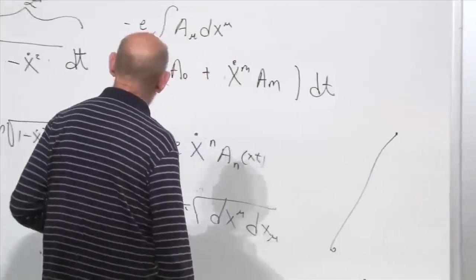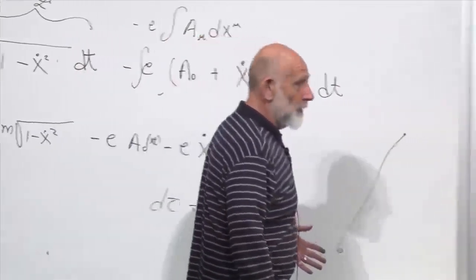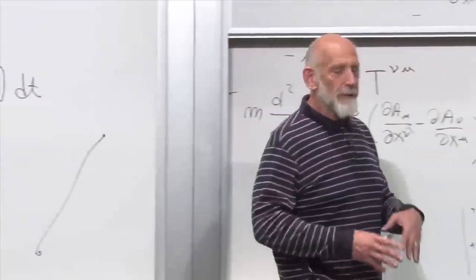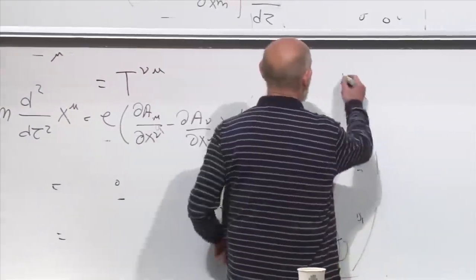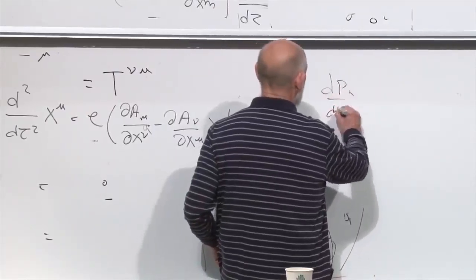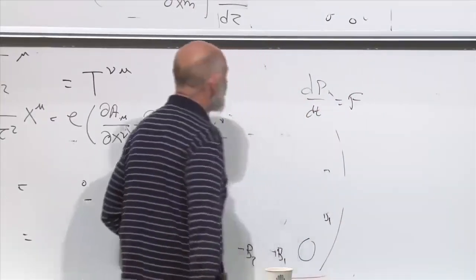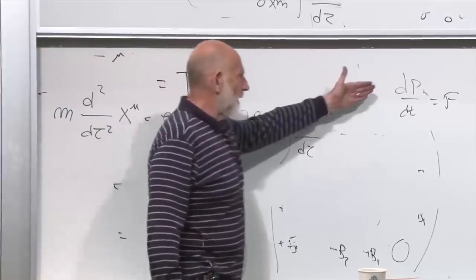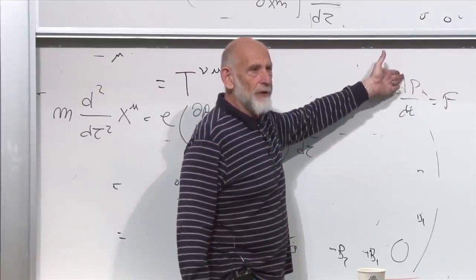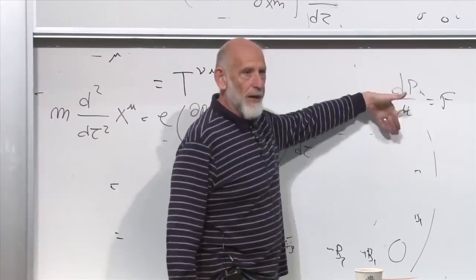The first three equations, they're not energy conservation. I'll tell you what they are, though. The first three equations are of the form dp/dt is equal to force. You know, dp/dt is ma, right? I mean, p is mv and dp/dt is ma.